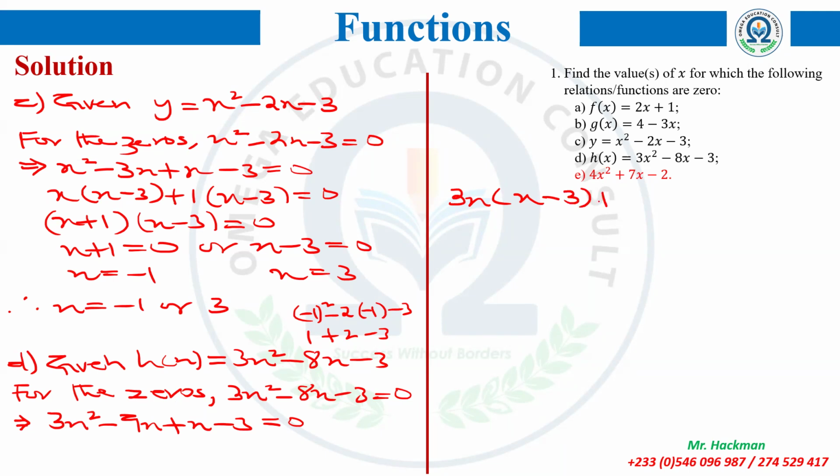Then you do the same for the last two: group and factorize. 1 out, then you get x minus 3 is equal to 0. Don't forget. So at this point, I have 3x plus 1 into x minus 3 is equal to 0. So I have what? Set each of the factors to 0 at this point.